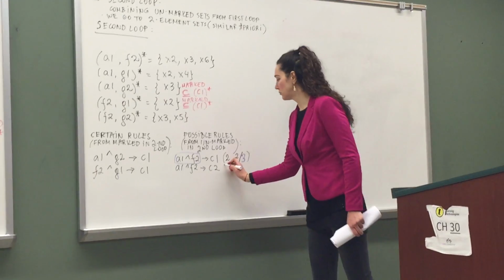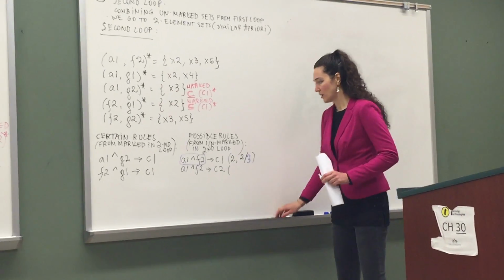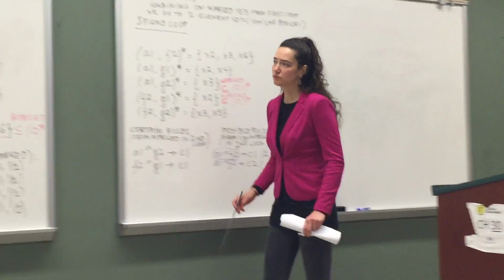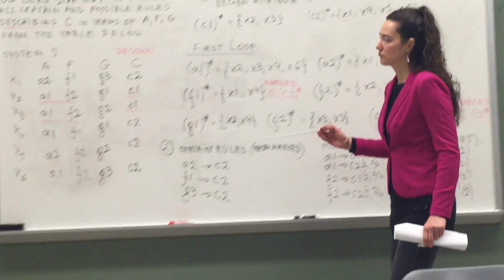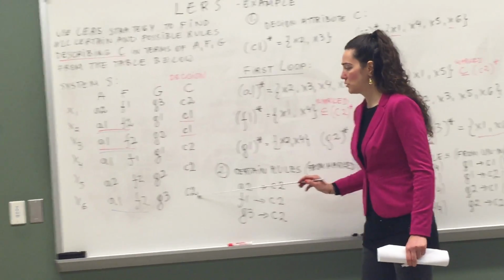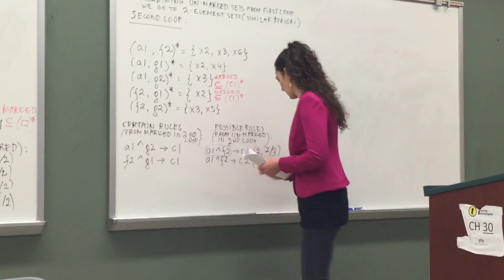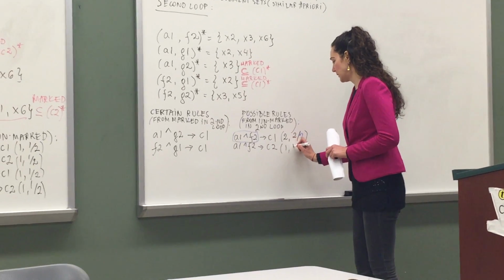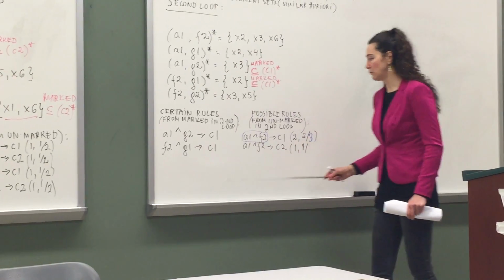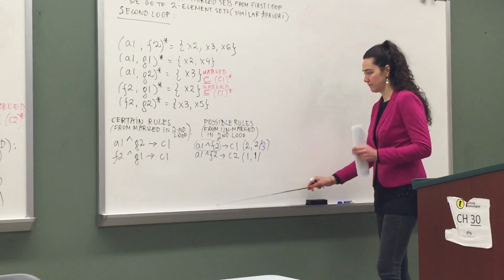And now the next rule, support is what? A1 and F2 and C2 together. A1, F2, C2 only one time. And the confidence is 1 divided by the set on the left side, which is A1 and F2. We just checked that's 3.